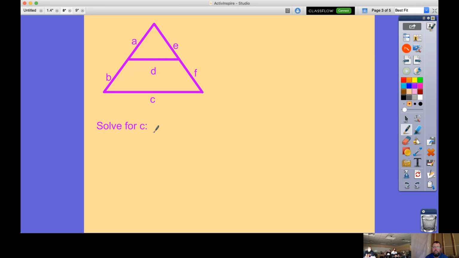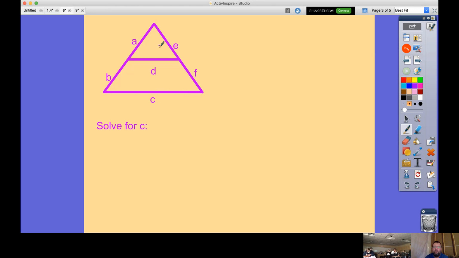The first thing that I see with this one that a lot of kids struggle with is when it says solve for C. If I had all sorts of numbers up here and I only had one variable here, most of you guys would get it really quick. But when they're all letters, it ends up being a little bit more confusing because of that. You still do the same steps though.